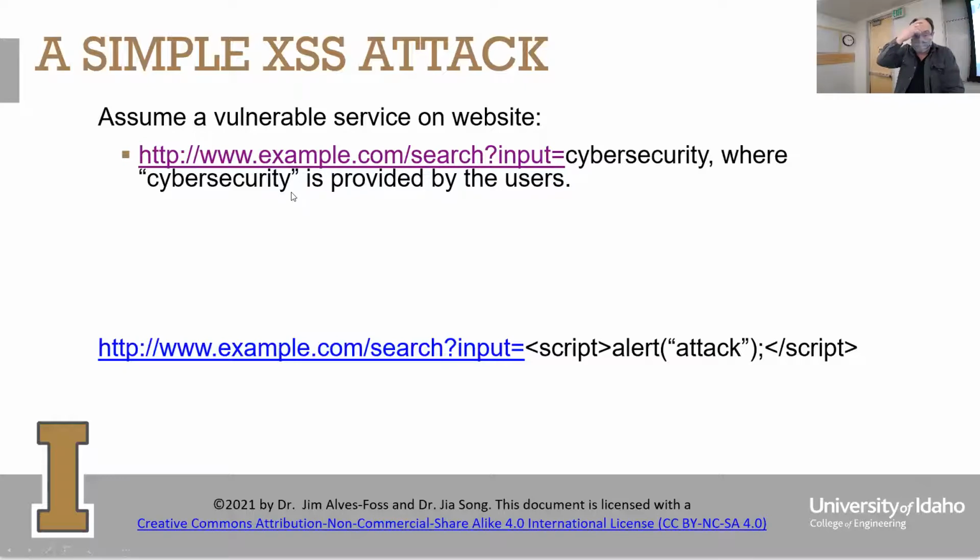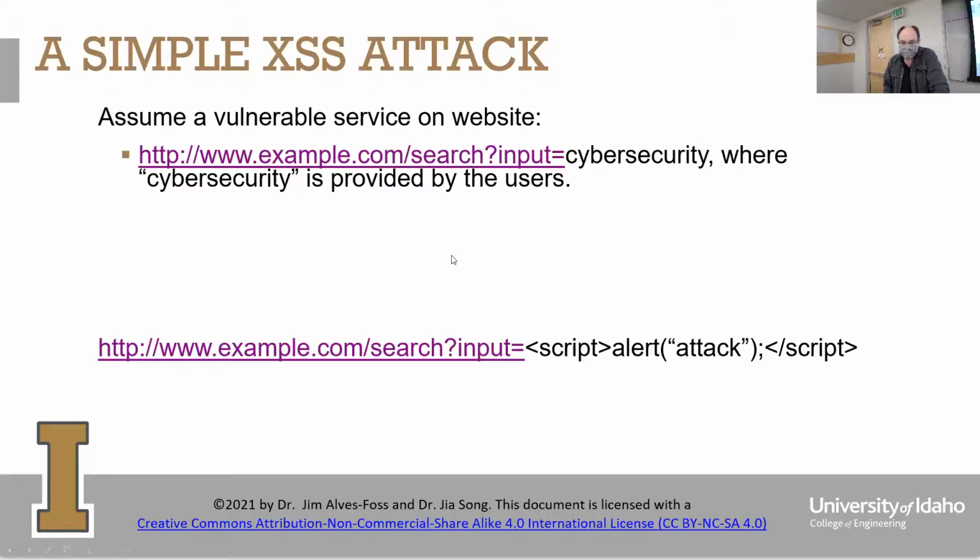So assume a vulnerable service on a web server where the input is provided by the users. We could, where the user puts that in so they could do something, like I said, like a script attack. So this is not going to work because it's just an example, but I had links on one of these.